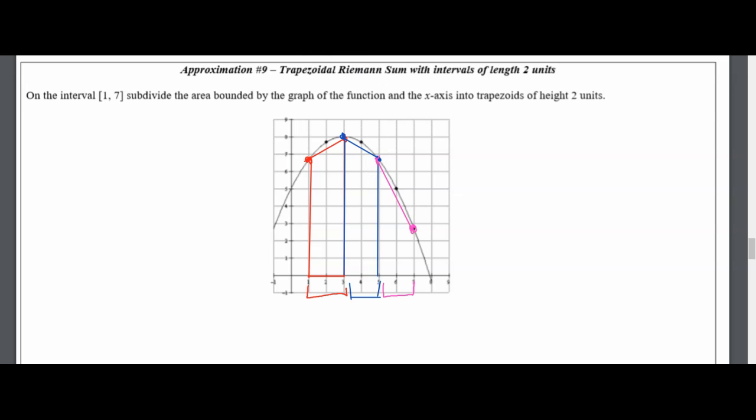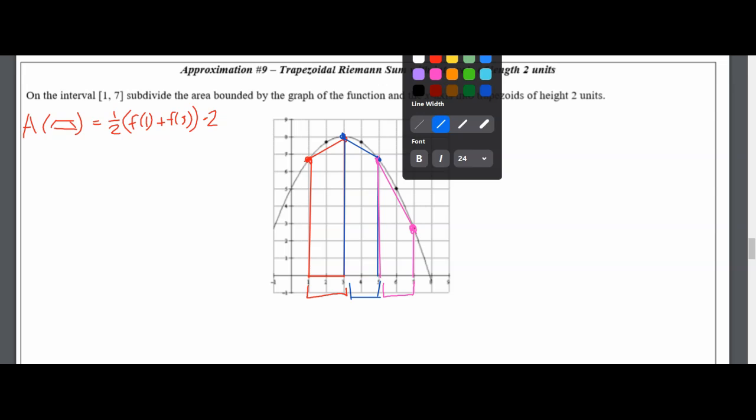And here's my third. And now I got to find the area of each of those. So the area of my red trapezoid, again, area of a trapezoid, 1/2 times the sum of the lengths of the bases. So I'm going to have 1/2 times the quantity f of 1 plus f of 3 times the distance between my bases, which is going to be 2.